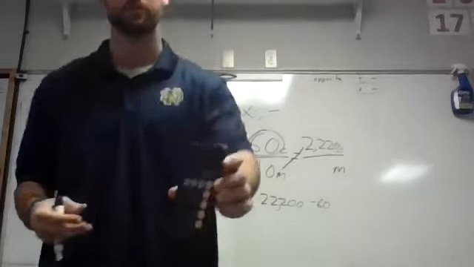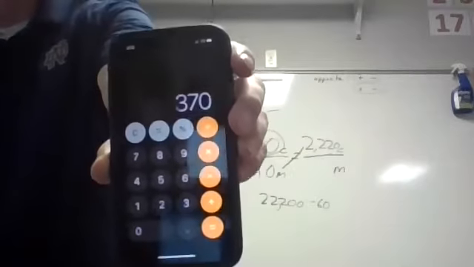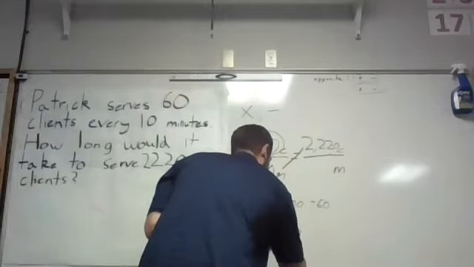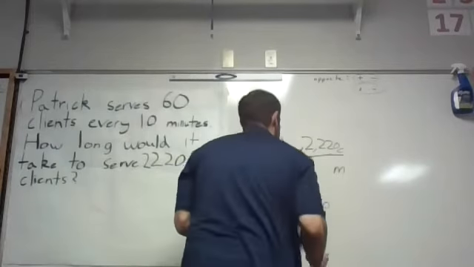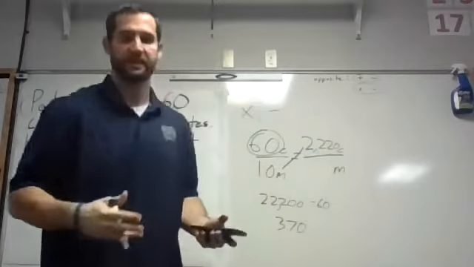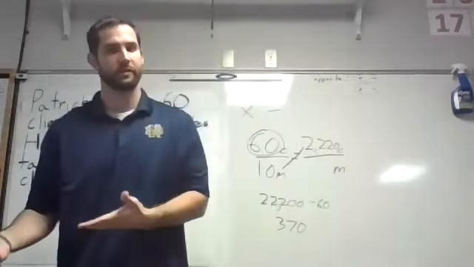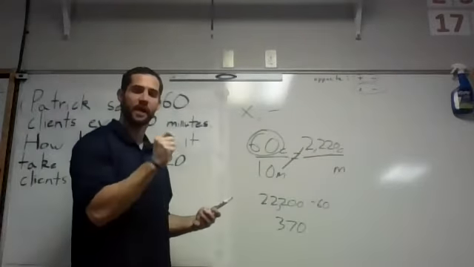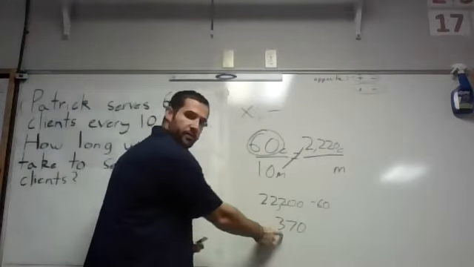That's going to come out to 370. That's going to be your answer. So basically, find the clues, apply them to equivalent fractions, and use diagonal multiplication to find your answer.